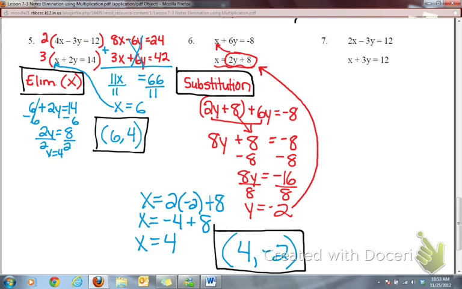Alright, let me draw a line here. Number 7. Well, does it say x equals anything or y equals anything? No. Are there coefficients that are the same? Yes, there are. On the y's, they have the same number in front of them. They both have a 3. So that's really nice.